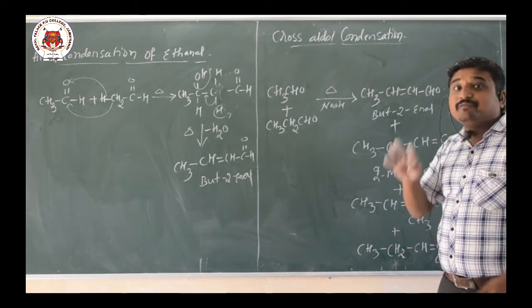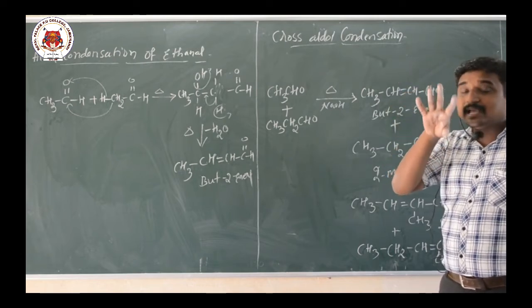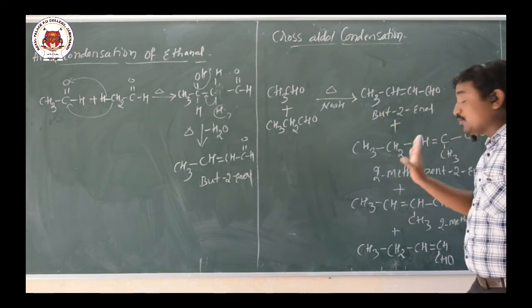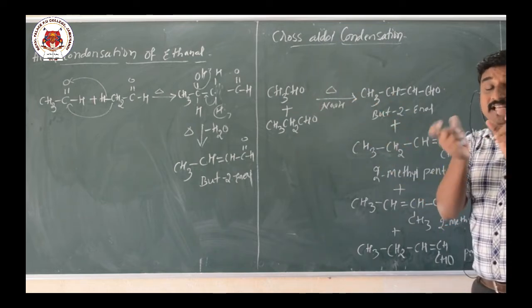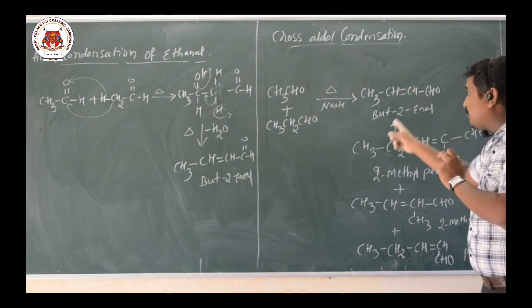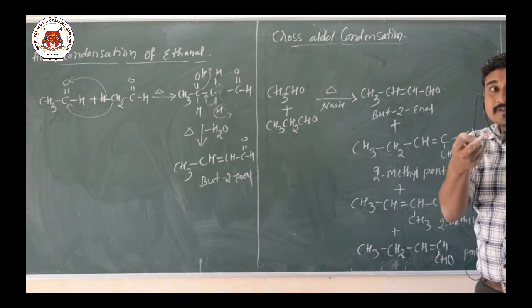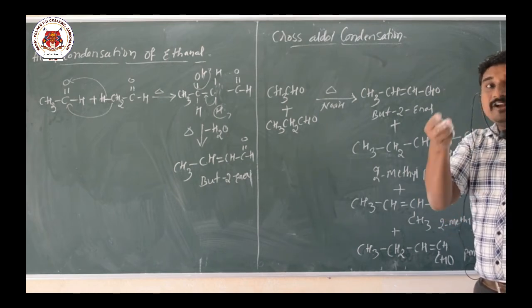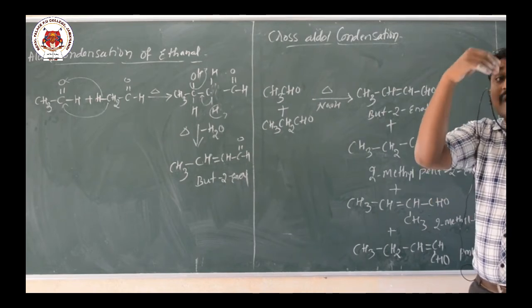In the fourth product, propanaldehyde adds to acetaldehyde. Hence we will get a mixture of 4 products. Same reaction like that only, but only the condensation reaction takes place. Acetaldehyde to acetaldehyde, we will get one product. If acetaldehyde adds to propanaldehyde, we will get the second product. Propanaldehyde adds to propanaldehyde, third product. Propanaldehyde adds to acetaldehyde, we will get the fourth product.